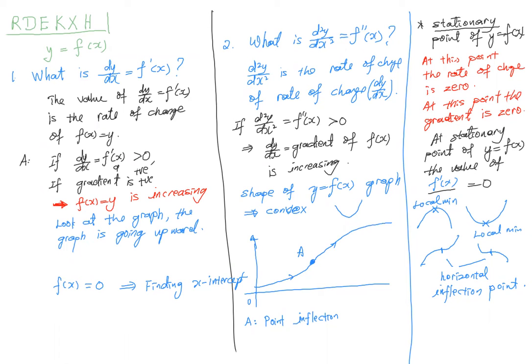Point of inflection, we got 2 types. One is the horizontal. The other one is a non-horizontal. So this is the non-horizontal. So A is the non-horizontal. This is horizontal.